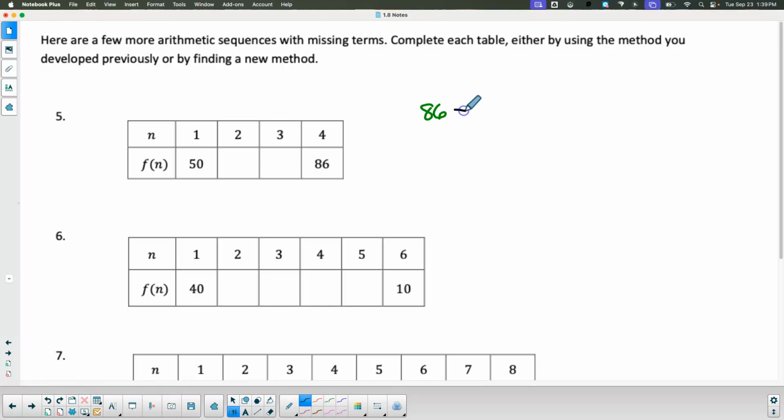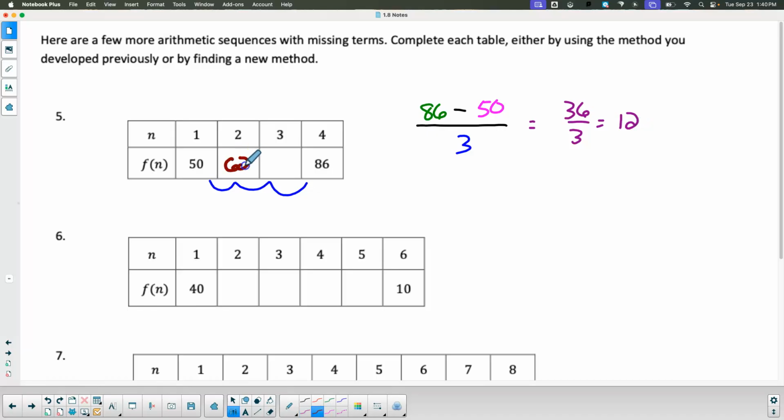86 minus 50, all divided by 1, 2, 3 jumps. So that's going to be 36 over 3, or 12.